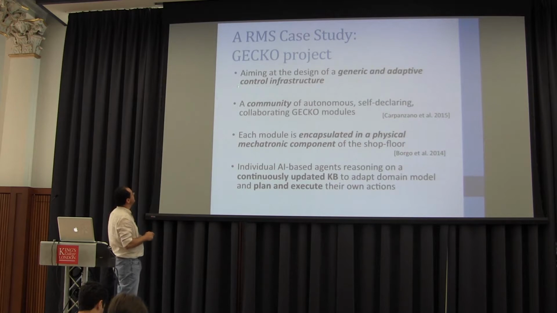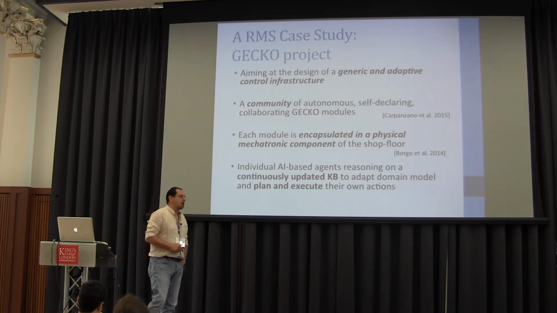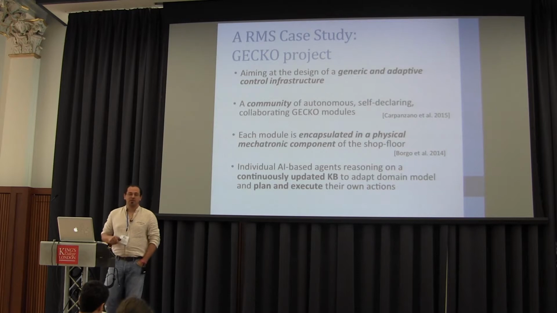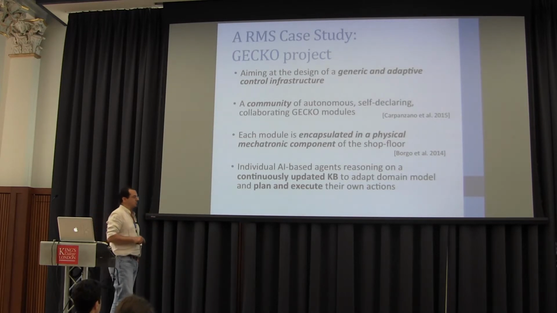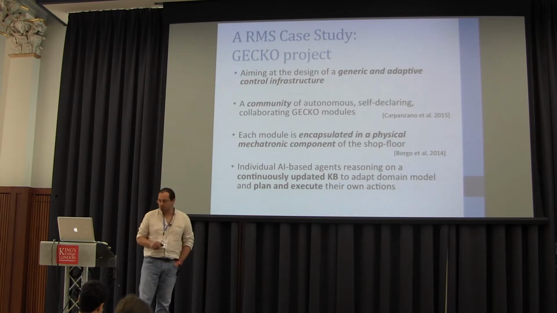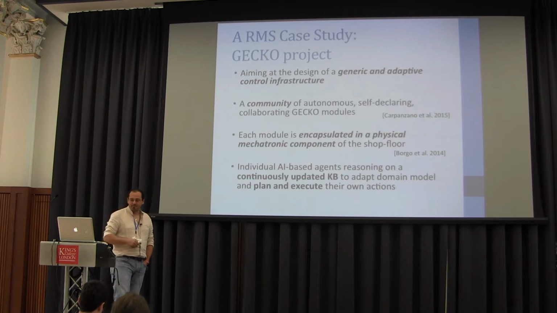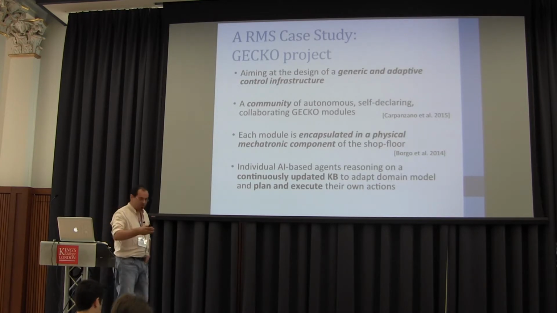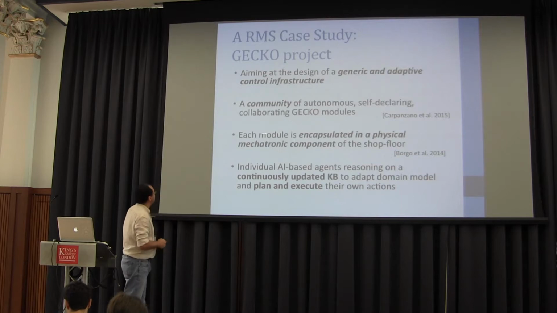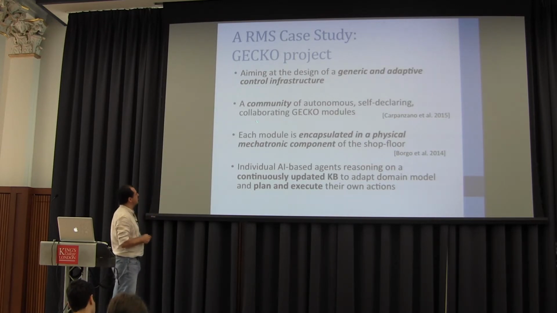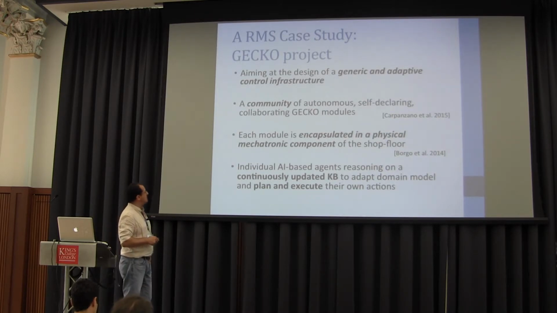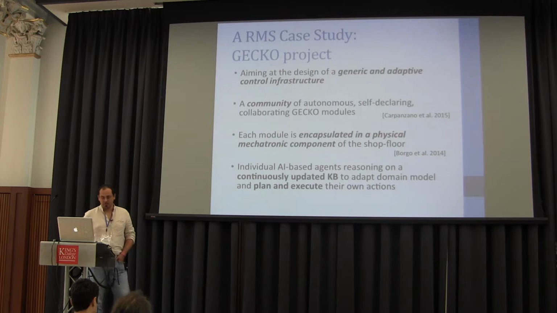We were involved in the GECKO project. This was a national project within the Italian flagship initiative of Factories of the Future, whose aim was basically to design a generic and adaptive control infrastructure for a configurable manufacturing system. The idea is to envisage the production plant as a community of autonomous, self-declaring, collaborating GECKO modules, where each module is encapsulated in a physical mechatronic component in the shop floor.